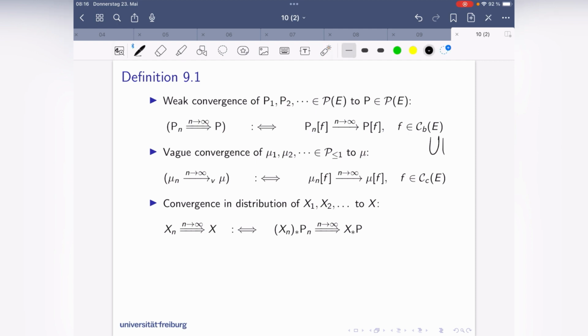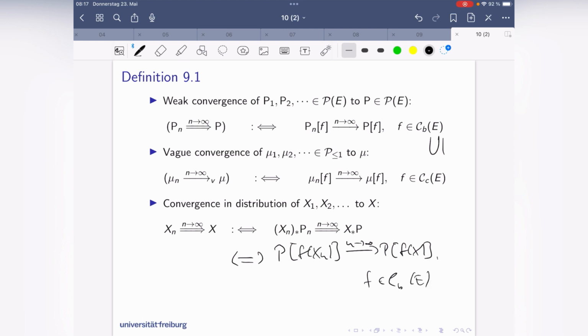You can also say this a bit differently, because integrating some function f with respect to the image measure, by the transformation formula, is the same as P[f(X_n)] converges as n goes to infinity to P[f(X)] for all f in C_b(E).